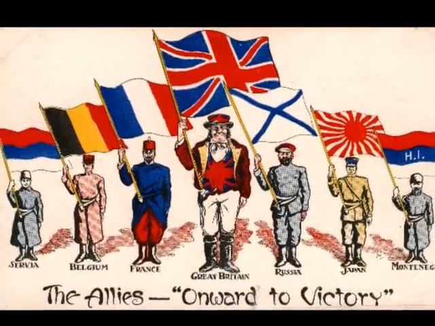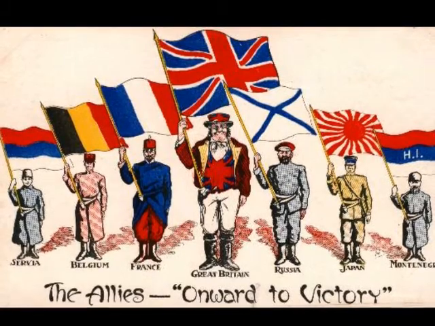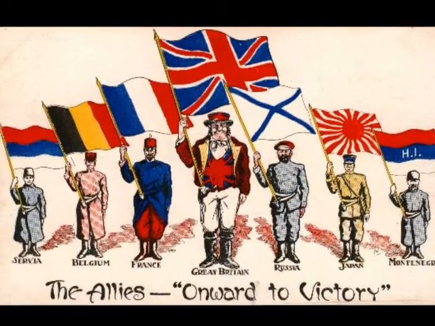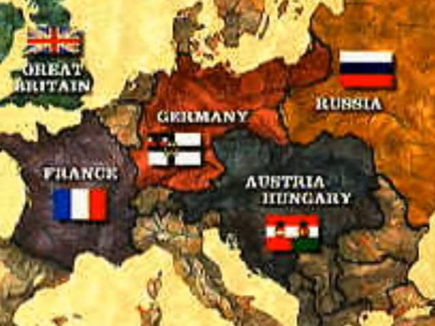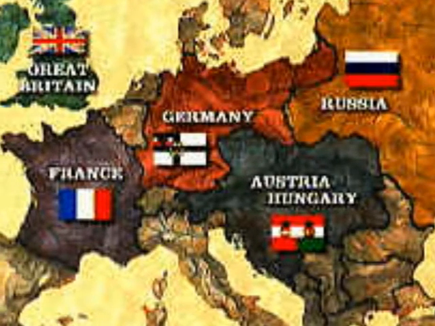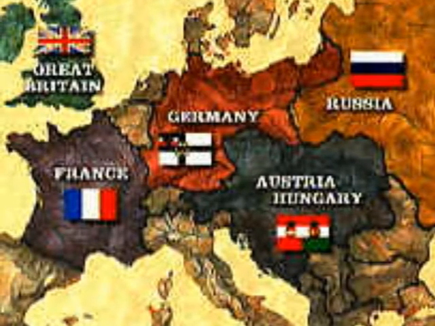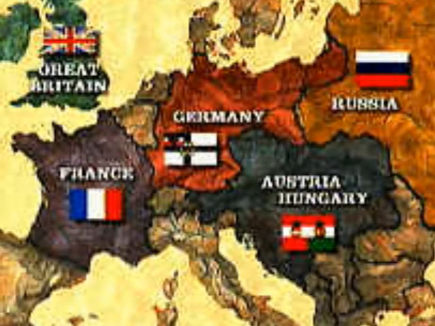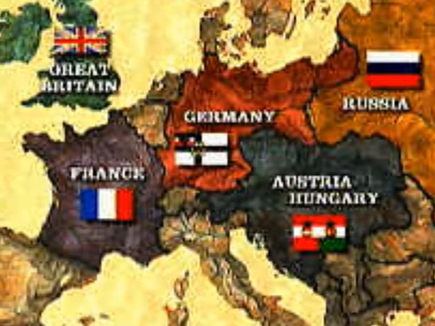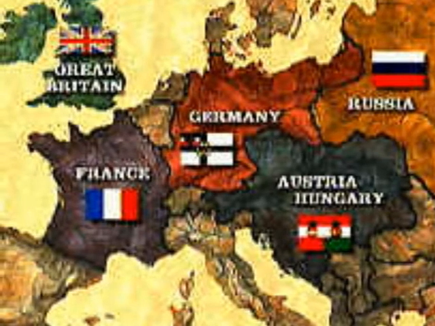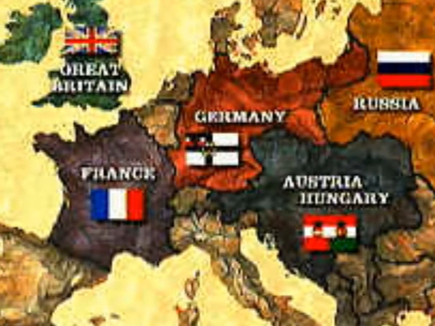But some great examples from this time period leading up to the Great War: France and Germany, they just don't get along. France had lost parts of its provinces to Germany during the Franco-Prussian War in 1871. And so they're constantly fighting back and forth over this little tiny chunk of land, two little tiny provinces of Alsace and Lorraine.